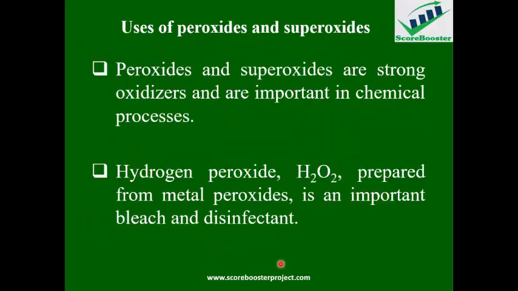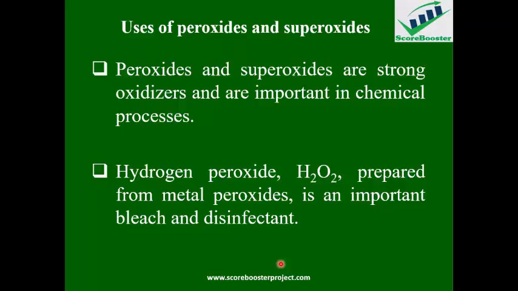So why are we bothering ourselves with the study of peroxide and superoxide? It is because there are many uses in chemical industries for peroxides, like sodium peroxide and potassium peroxide. The first one is because of the high amount of oxygen that we have in peroxides and superoxides.